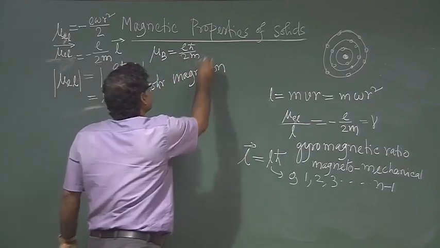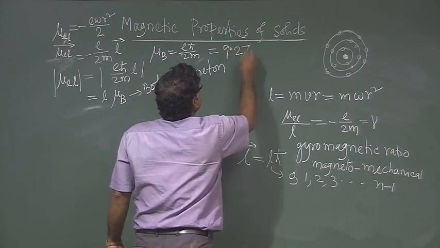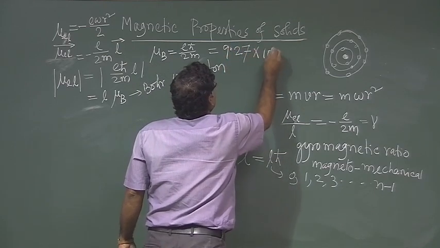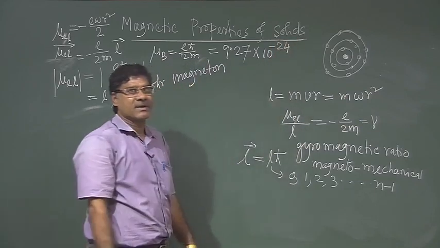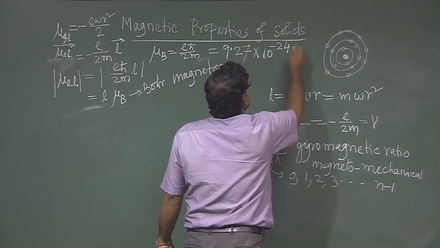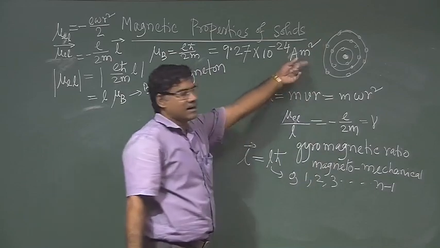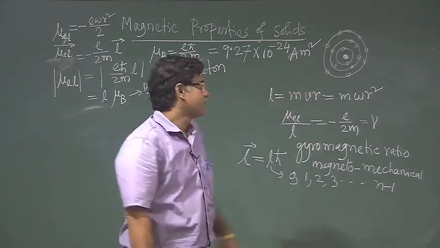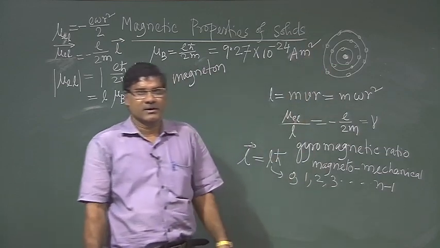Its value is most probably 9.27 into 10 to the power minus 24, a very small value, in ampere meter square.